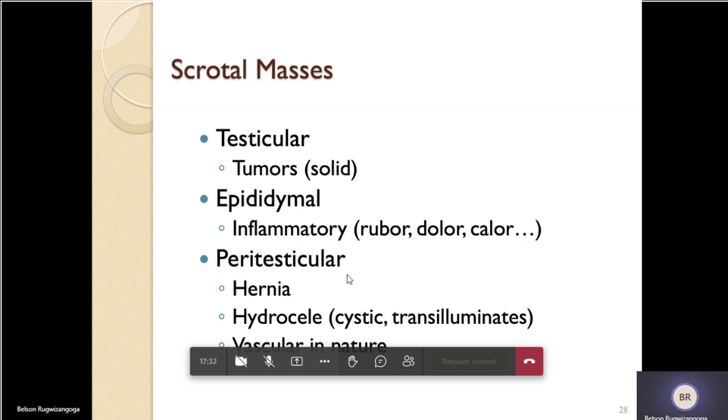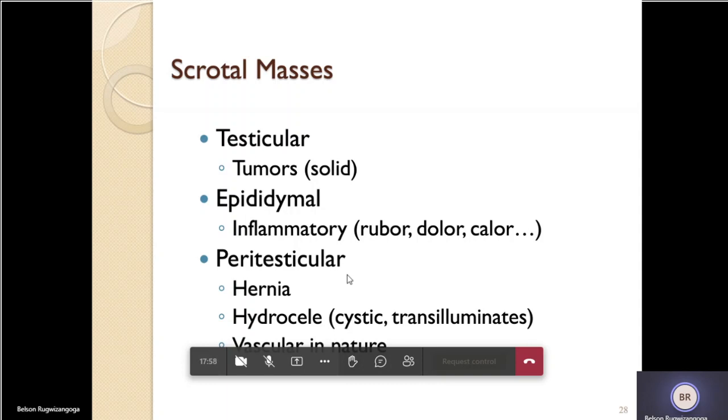The epididymis is affected by inflammation. I have not seen a patient with epididymal cancer or a benign tumor; they are almost always inflammation. So if you palpate and you feel the testis is normal and the epididymis is painful, then think about inflammation of the epididymis.